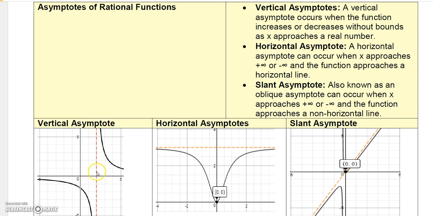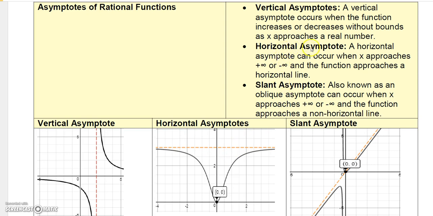So as x approaches 2 from this side, the graph decreases without bound, and as x approaches 2 from this side, the graph increases without bound. Okay, so that's what a vertical asymptote looks like.